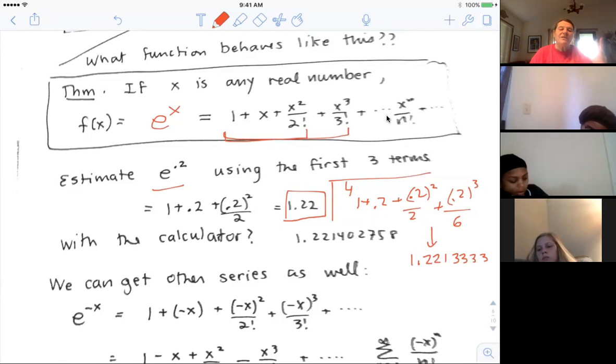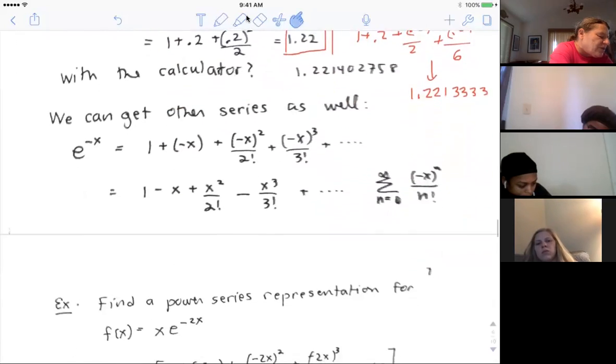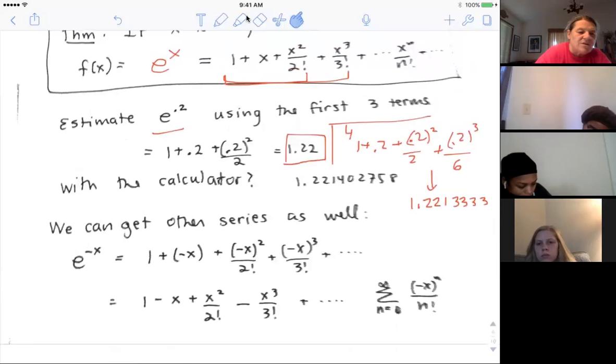Now the nice thing about this is, if you've got a basic series like this, and again, I want to show you where it converges in a minute because it's a nice one, you can find all other kinds of series. So, for example, suppose I wanted to get a series for e to the minus x. Let me go back up here to what e to the x was.